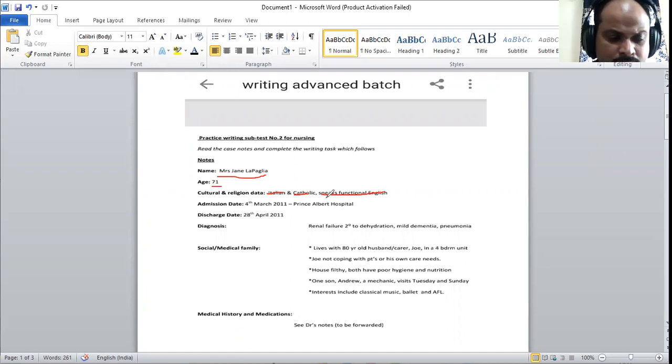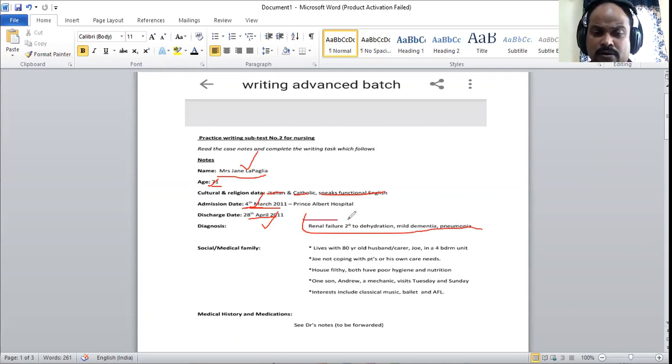I don't want this particular information. I just want to go ahead with the admission date, which is in March, and the discharge date is also very important. So we have name, age, admission date, discharge date.